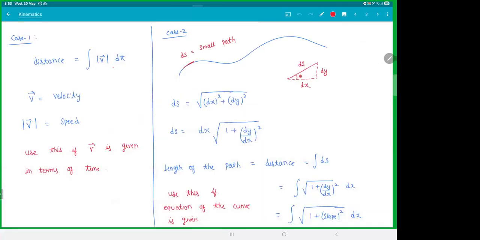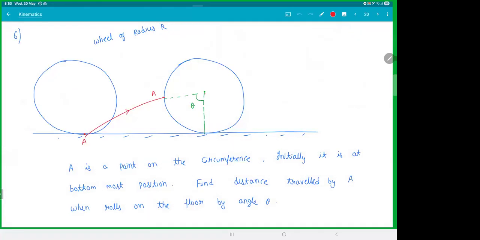Distance is the integral of mod v dt. The second was the integral of root of 1 plus dy/dx squared dx, or whatever it is. So for this one, I need to know the time and the speed. For this one, I need to know the x and y coordinates. Looking at this question, I don't think I know anything about time. But if I take the initial point as origin, can I find the x and y coordinates of point A?